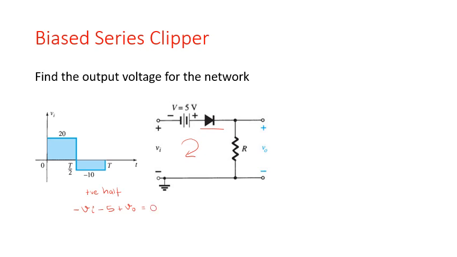I'm assuming by now you have figured out, if I see a minus, I write a minus. If I see a plus, we write a plus. So this is going to be V0 = Vi + 5 volts. In the negative half cycle, my diode gets replaced by an open circuit. Since your diode is replaced by an open circuit, this voltage V0 over here will be equal to 0 volts.